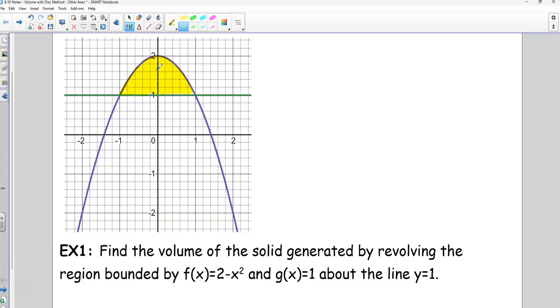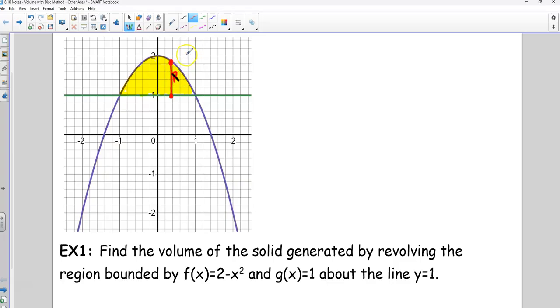But if I revolve this around the line y equals 1, you can see that my graph will just all connect to that line y equals 1. So I could think about taking a little vertical section right here, and I could rotate that.